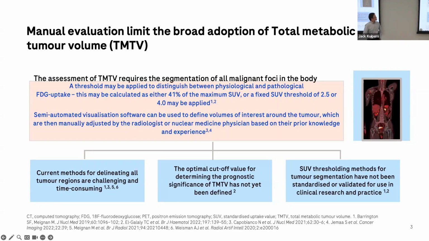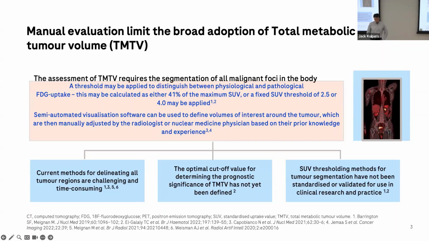The main challenge, as we see here, is that the measurement of this tumor burden largely relies on a manual process. In the middle of this box, it describes the general process.